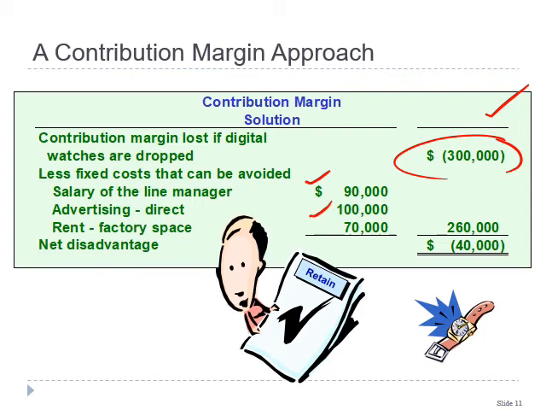Direct advertising we can avoid. Yes, it is relevant. Rent of the factory space, 70,000, we can avoid by discontinuing. Yes. So these are the costs that are avoidable, so these are relevant. These costs can be saved, and that's why it is positive. So now the answer is 40,000 negative.